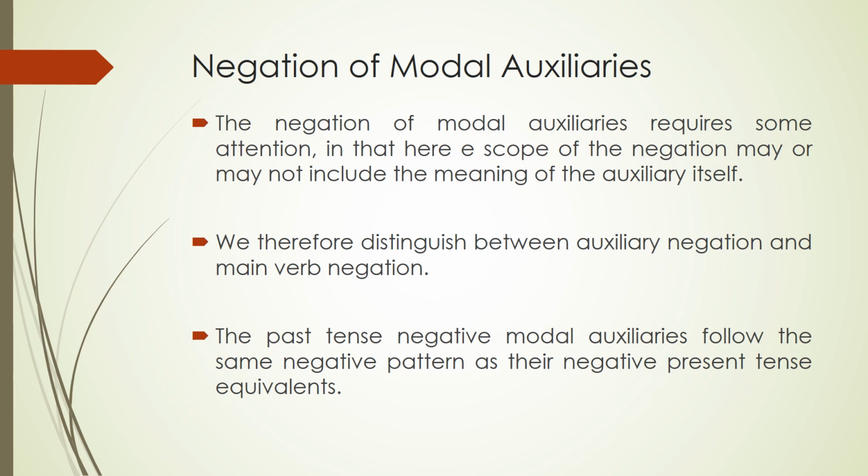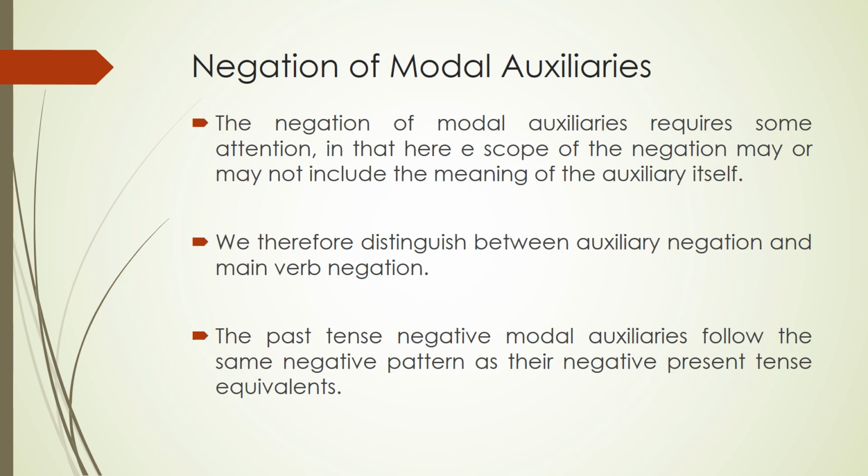Okay, so please try to differentiate when we explain the modal auxiliaries and their meanings. We are going to see these two types of negation, auxiliary negation and main verb negation. With auxiliary negation, the modal auxiliary is included within the scope of negation, so it is going to be negative.